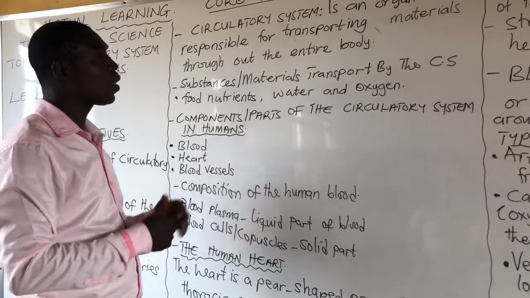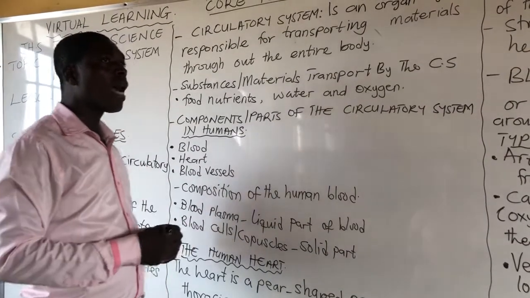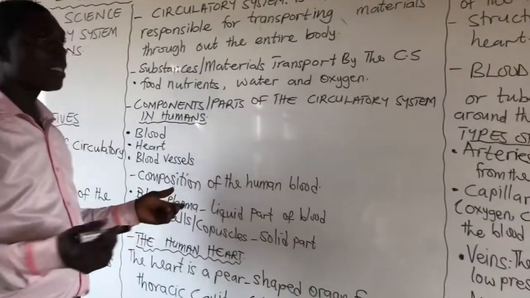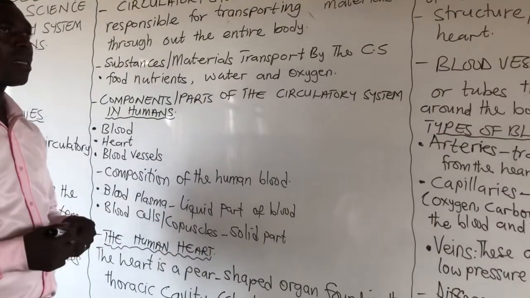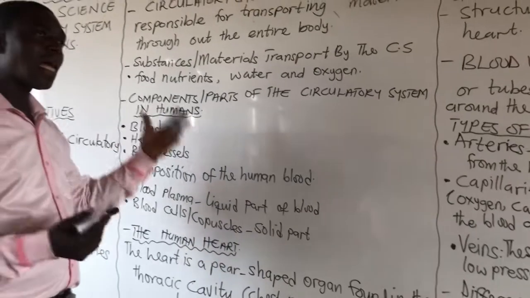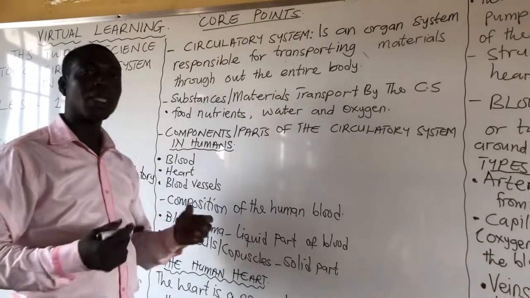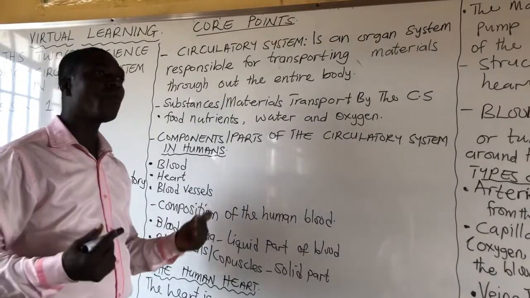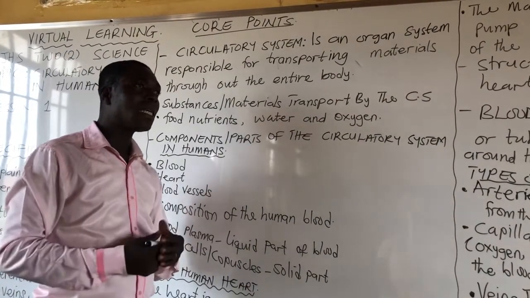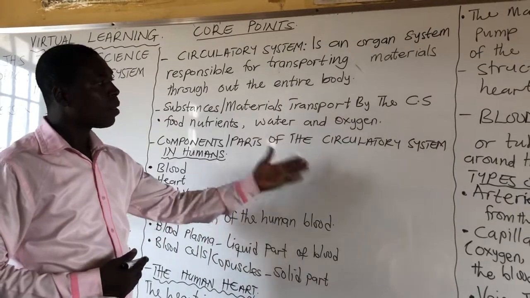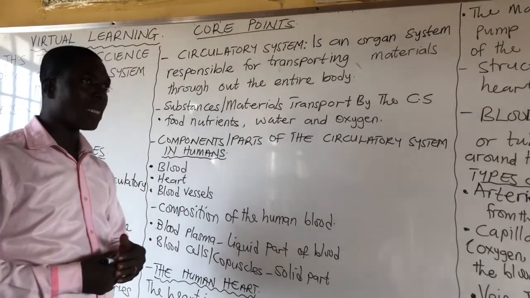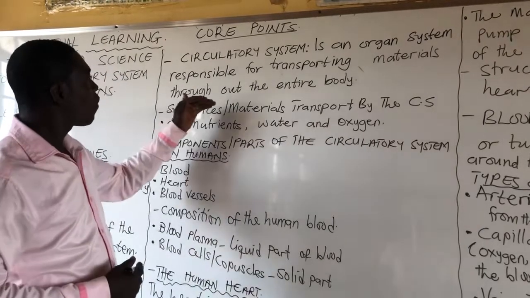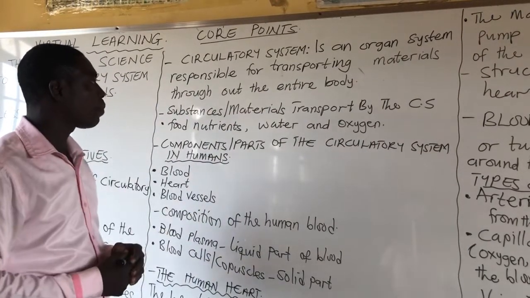We have food nutrients such as carbohydrates, proteins, fats, oils, and other vitamins and minerals. This means that the food we eat, after digestion, moves with the blood and flows through the entire body.